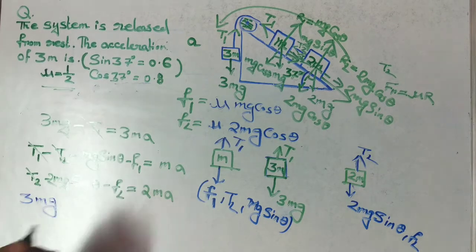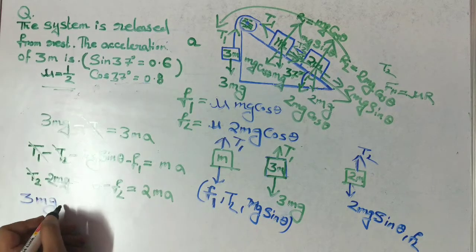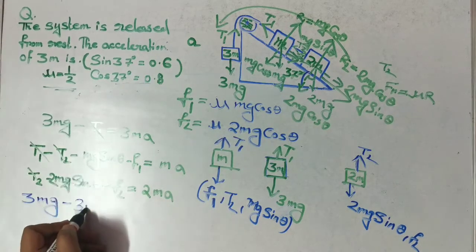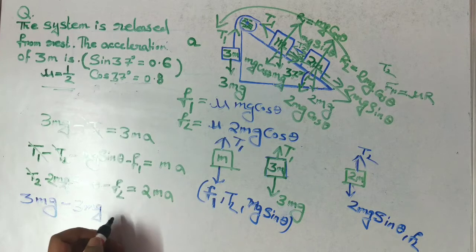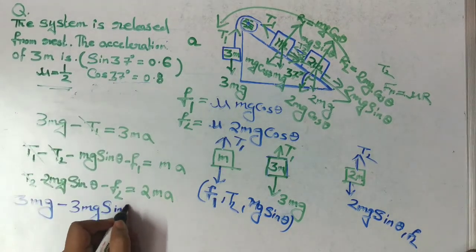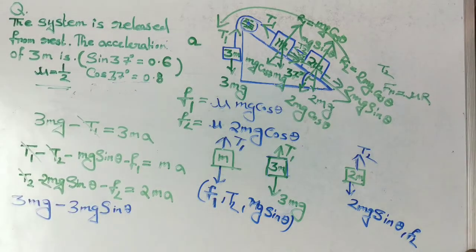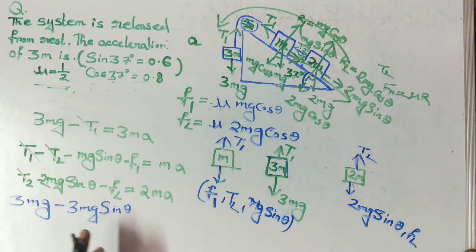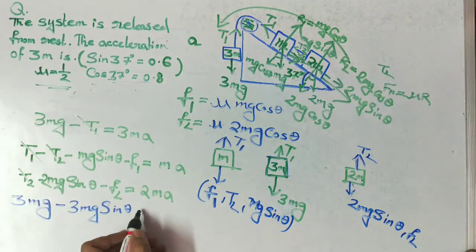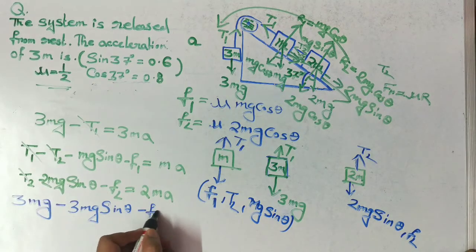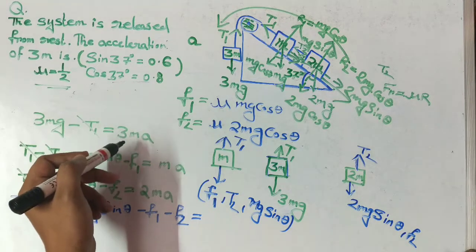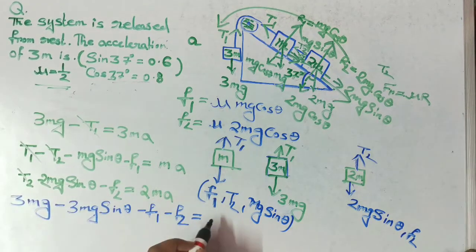So 3mg minus mg sin theta minus 2mg sin theta, that means 3mg sin theta, right? So 3mg minus 3mg sin theta, and we see minus F1, minus F2, equals 3ma plus ma plus 2ma, that means 6ma.